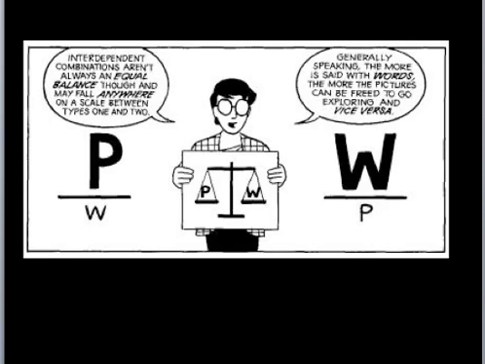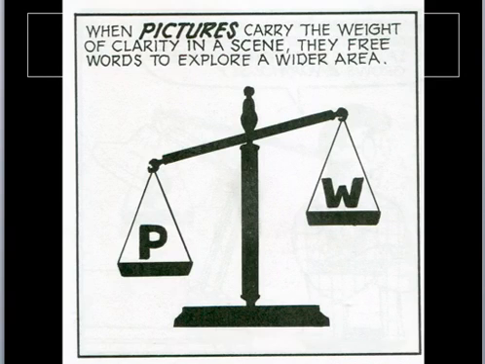Within his book, he does give a kind of exercise, and we're going to look at part of it, so you can get a sense of what this balancing act is like. When pictures carry the weight or clarity in a scene, leave free words to explore a wider area. So the heavier the pictures, the freer the words.